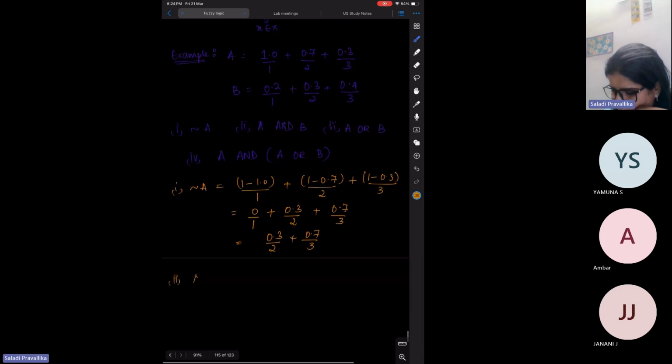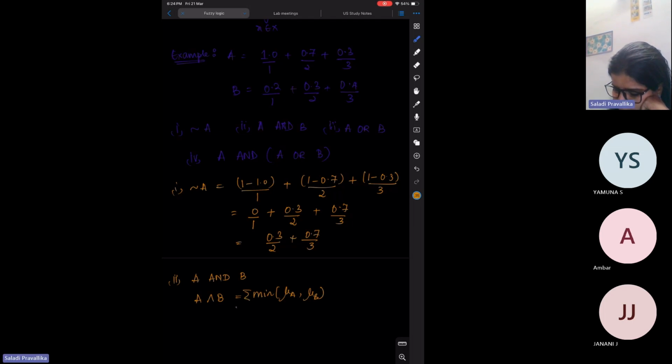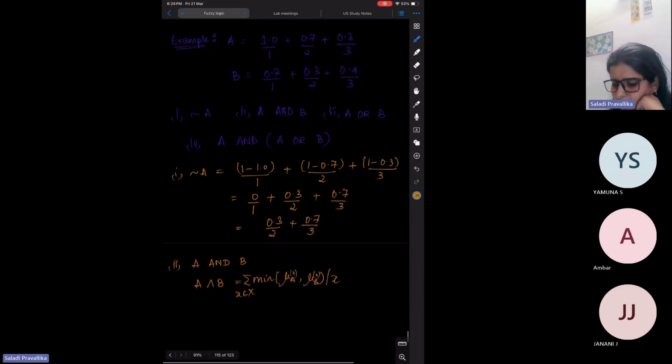Can you find A and B? What is A and B? A intersection B is equal to the minimum of μA and μB for x belonging to capital X, for a given x. So let's do that.